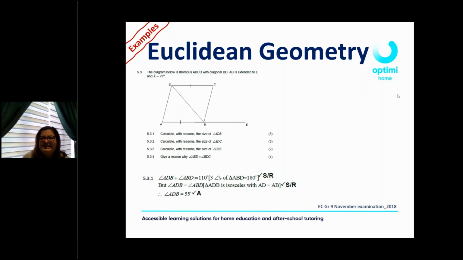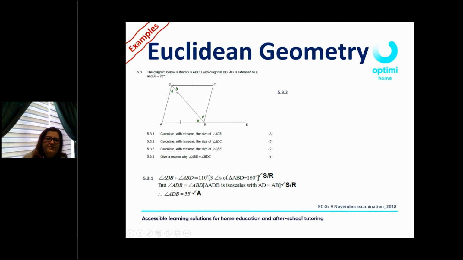This means that this angle over here is just as big as this angle over here. And I also look at alternating angles, and I know that this angle here will be the same as that angle over there. Just for interest's sake, the theory that we actually use is that the diagonals will halve the angles in a rhombus.